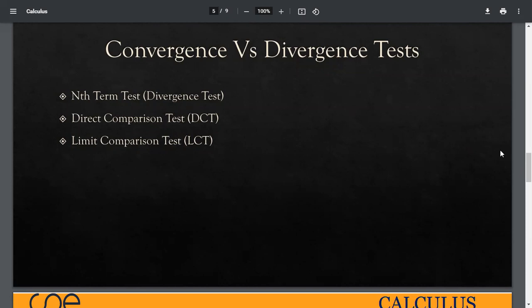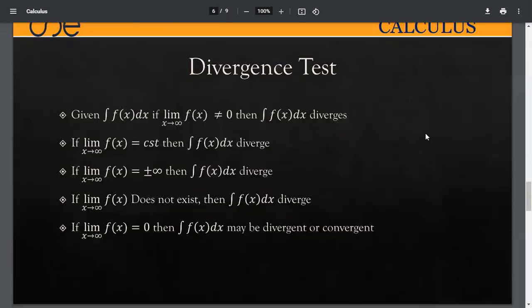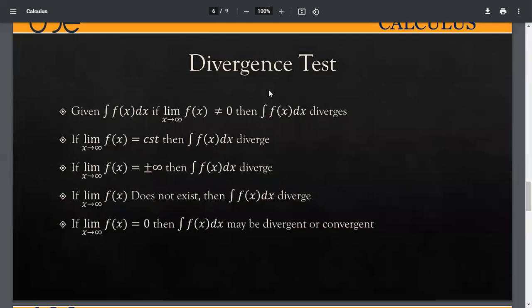So to start with, we'll start with the nth term test or the divergence test. The divergence test is as follows. If we have an improper integral f of x dx, it's enough for me to know the limit of f of x to know whether this function converges or diverges.